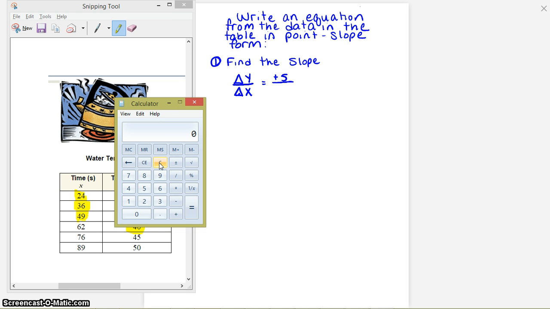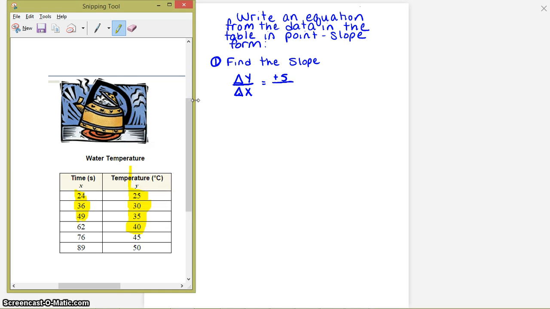I'm just going to keep subtracting to find the differences. So 12, 12, 13, 12. You know what? I'm going to just use 12.5 as my change in x because that's a number in between 12 and 13.